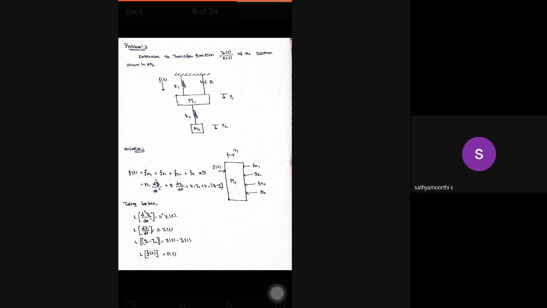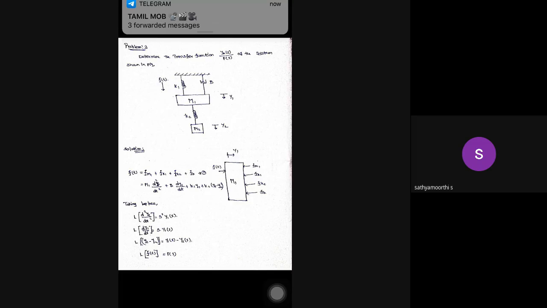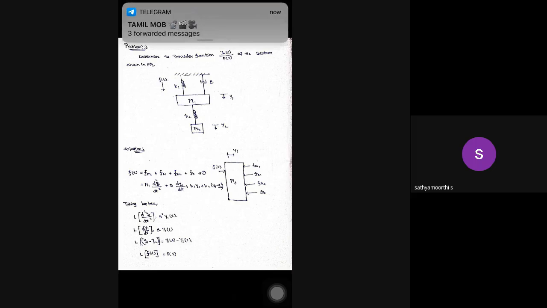Then k2 acts between y1 and y2, so we put the maximum minus the minimum value, so y1 minus y2. This is the right way for the mass terms.